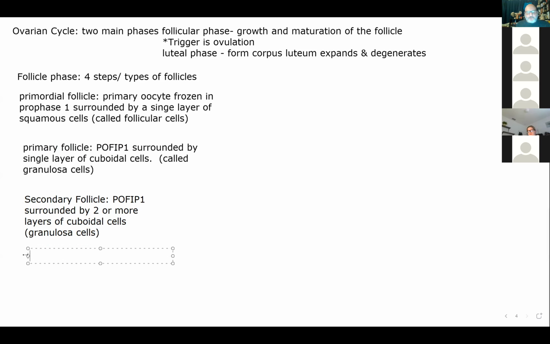And then what's the last one? Tertiary. And again, we could also call it mature. We could also call it Graafian. Both of those are perfect ways of describing this tertiary follicle.